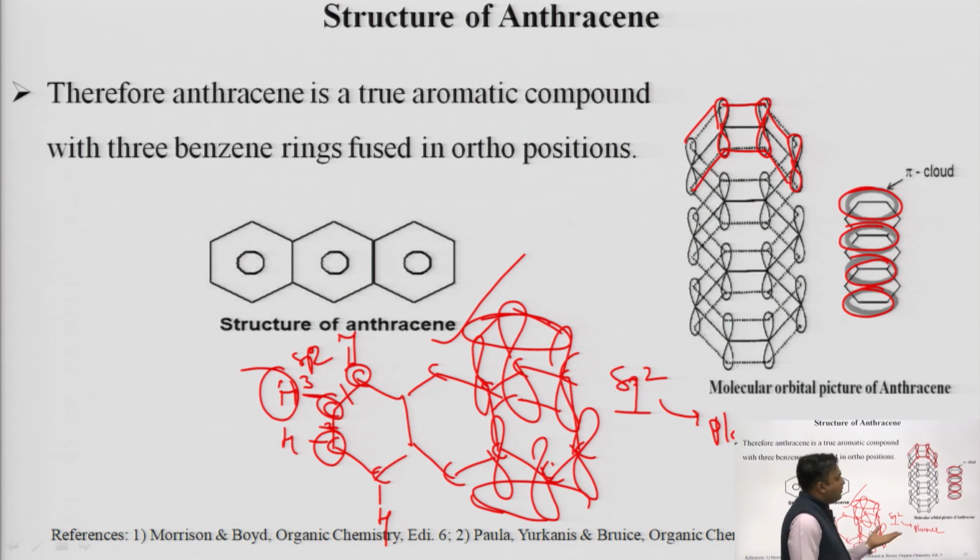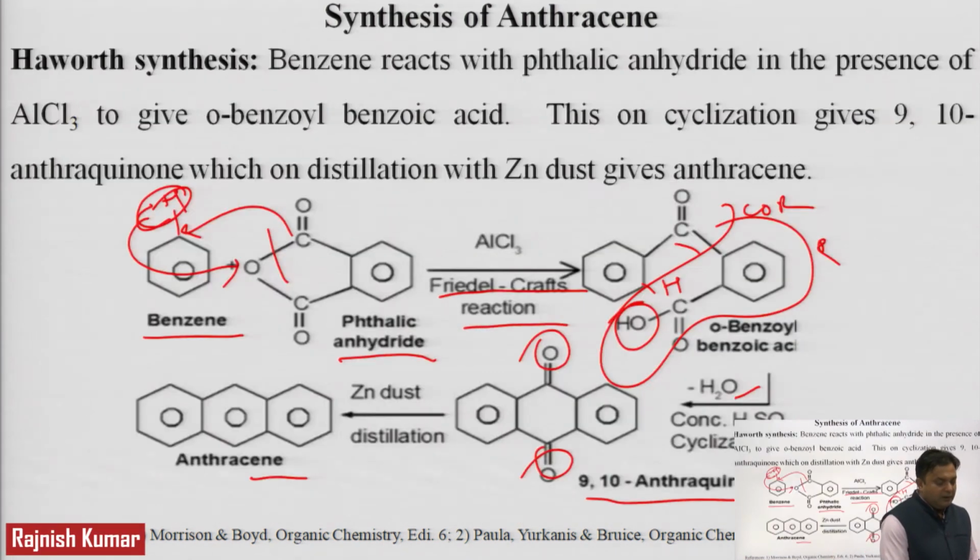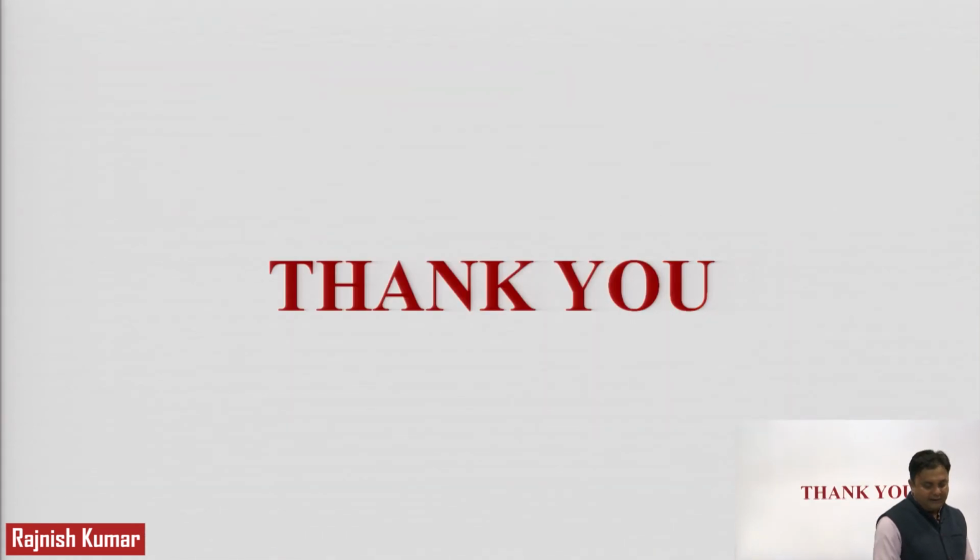That electron cloud is responsible for the preference of anthracene for electrophilic substitution reactions. So this is all about the synthesis and structure of anthracene. With this, I am concluding my lecture. Thank you.